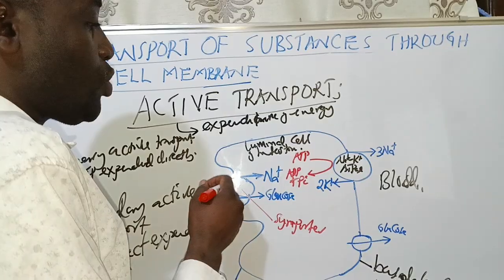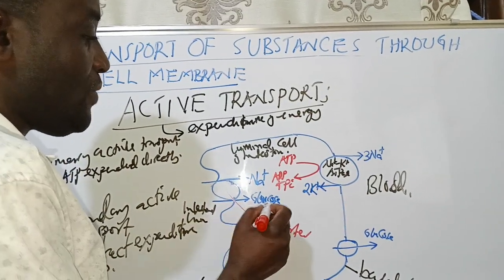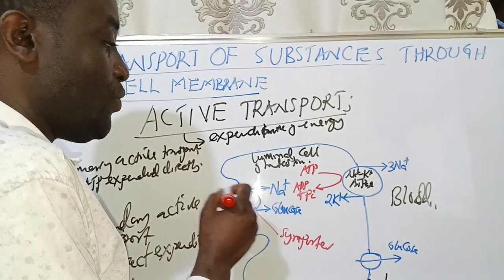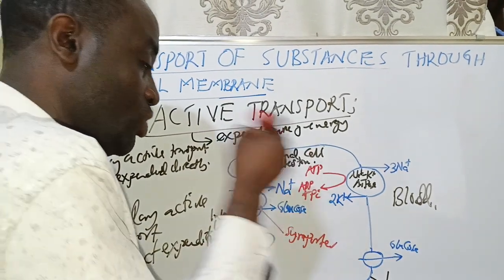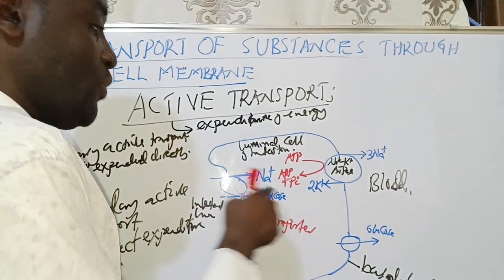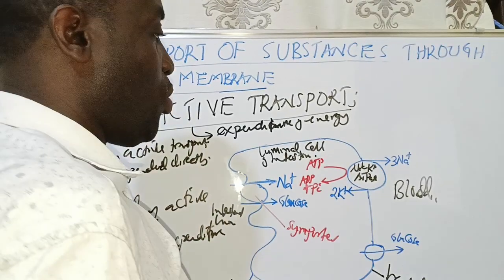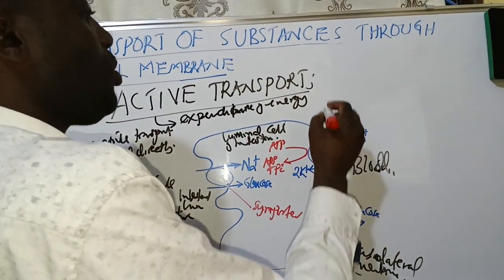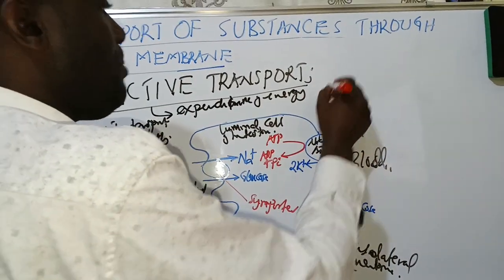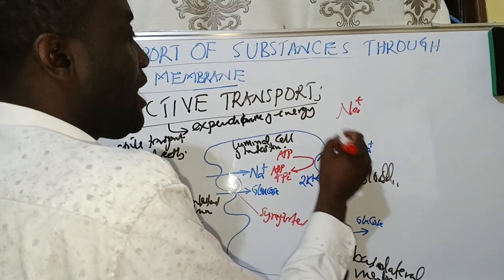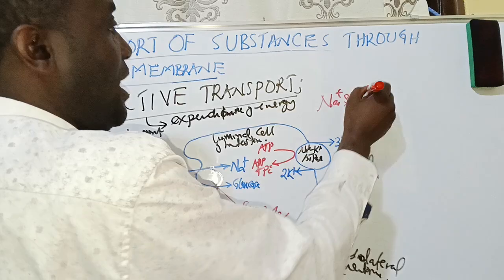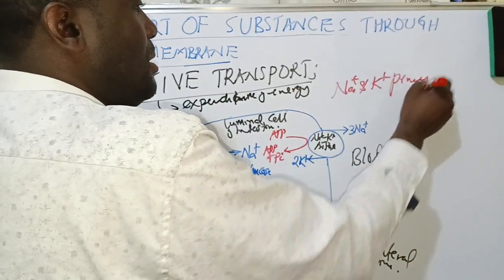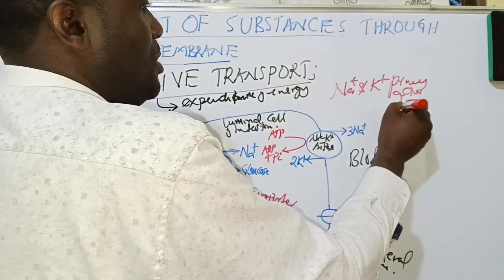Now, the energy of sodium to enter is coupled with the entry of glucose. So glucose takes advantage of the diffusion of sodium to the inside of the cell, such that glucose also follows suit. Now look, in this scenario, sodium ions and potassium ions are transported by primary active transport.